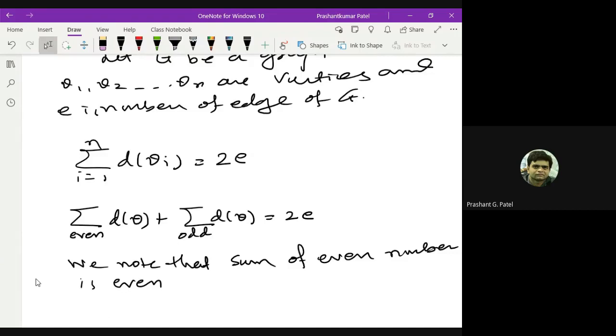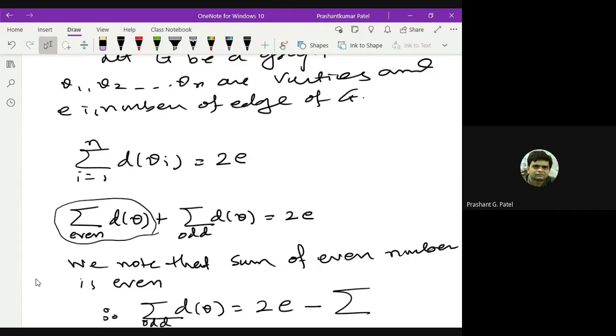So this number is even. If I subtract that number from 2 times E, which is also an even number, then the sum over all odd vertices is 2 times E minus the summation over even.